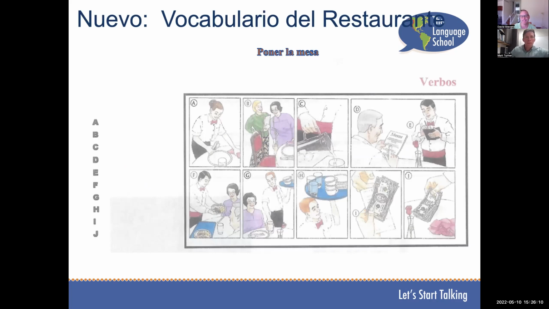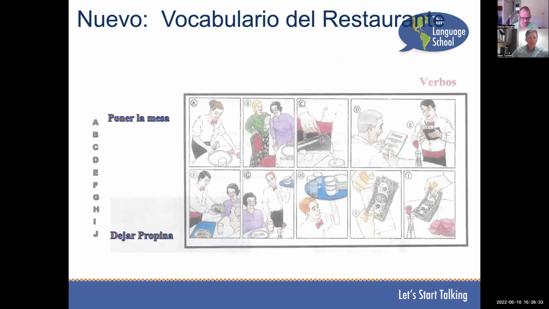Poner la mesa. Which letter does that go with? Poner la mesa. A. Dejar propina. Propina is tip. Hey or J? Jota. Sí.